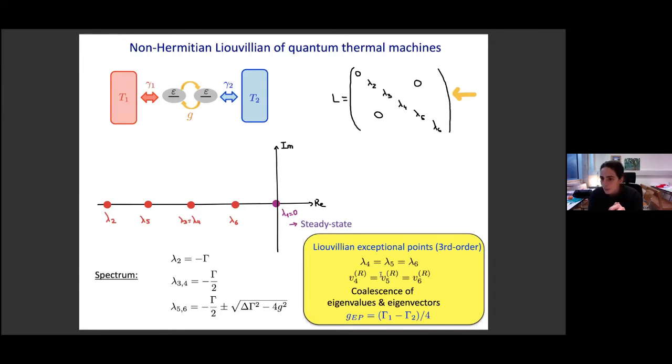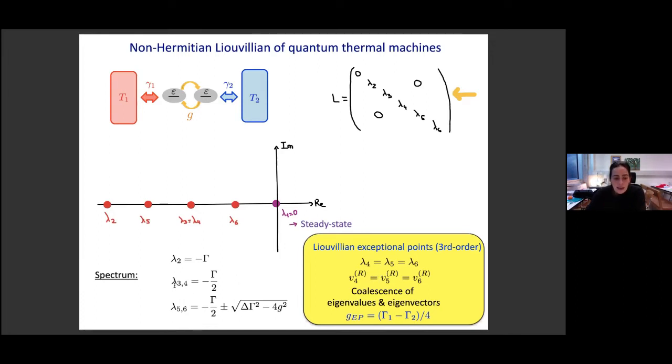So to reach an exceptional point, you must have at least 2 eigenvalues in your Liouvillian spectrum which become degenerate, and also their corresponding eigenvectors, which coalesce. If the 2 eigenvalues are degenerate, but their eigenvectors do not coalesce, it's not an exceptional point.